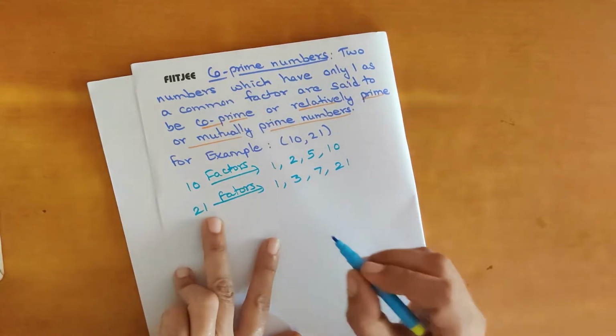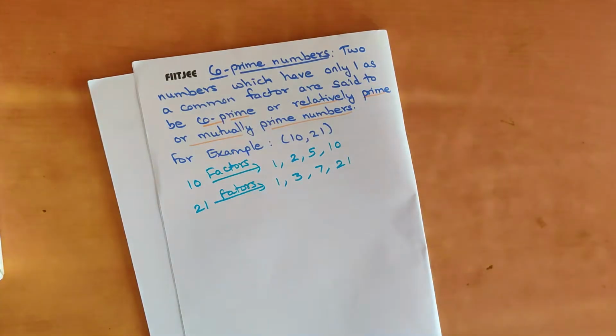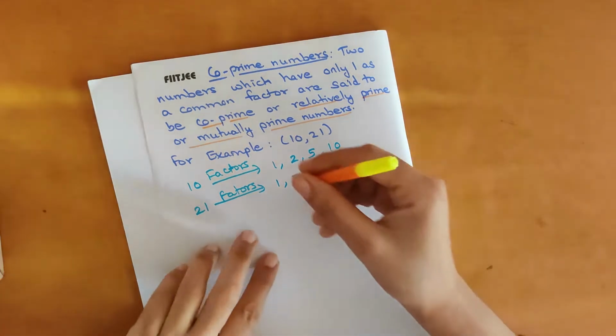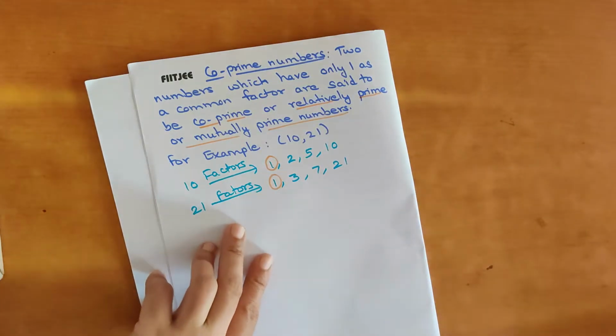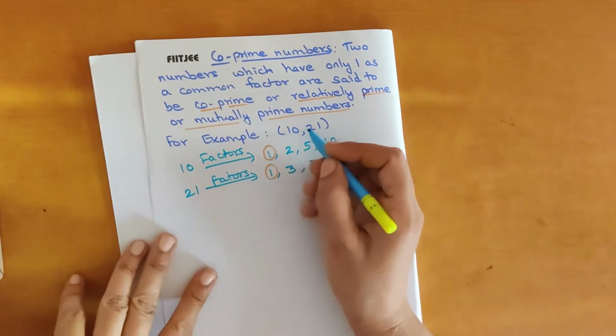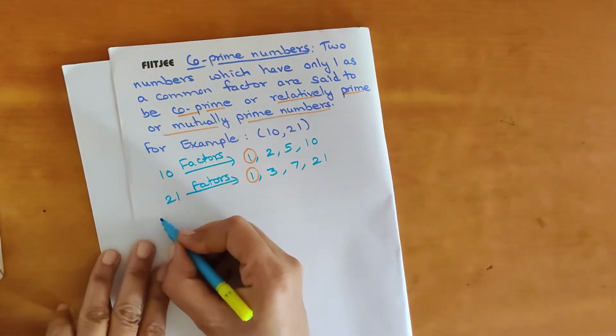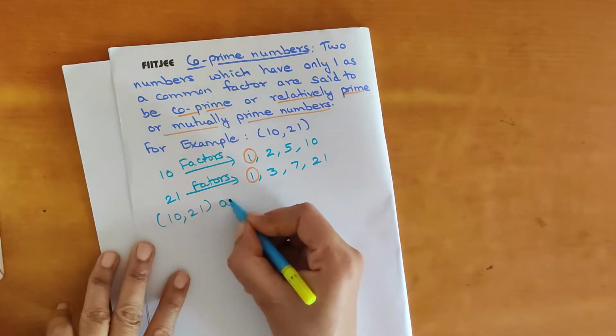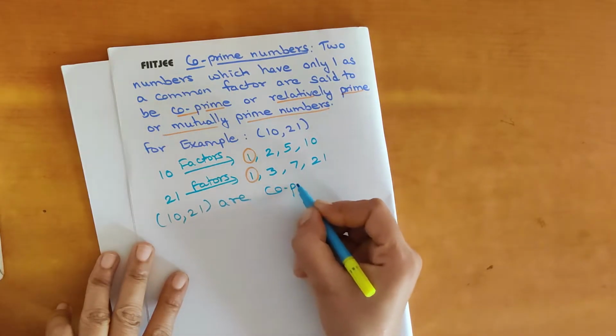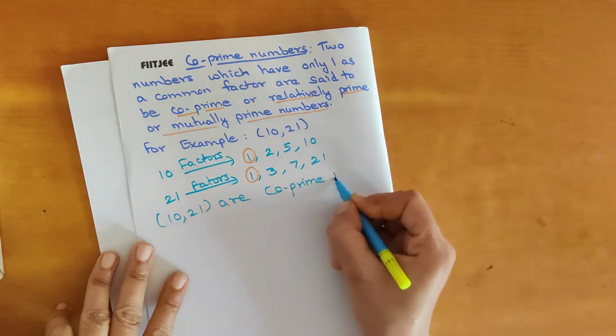Here you got the common factor only 1. So we can say that the pair of numbers 10 and 21 are co-prime numbers.